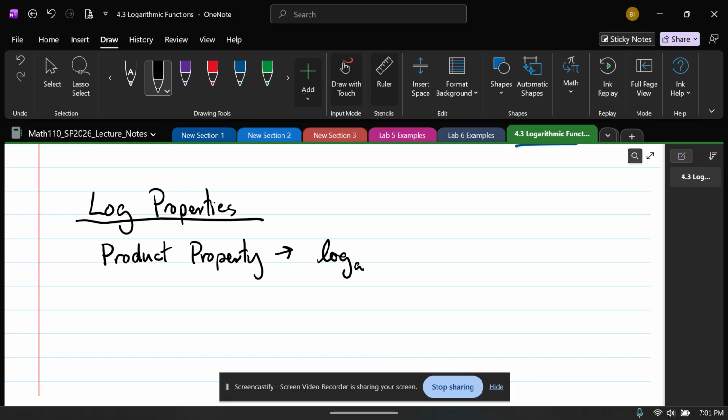If we have a logarithm, it doesn't matter what base it is, these properties work no matter what the base is. And we're multiplying 2 things together on the inside. You can expand that and write it as 2 separate logs that are added together.